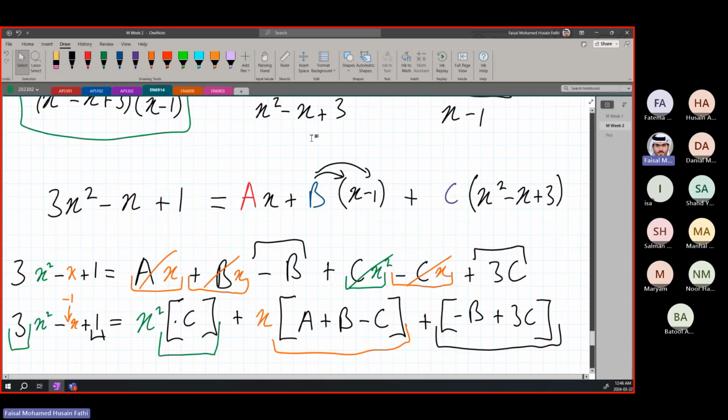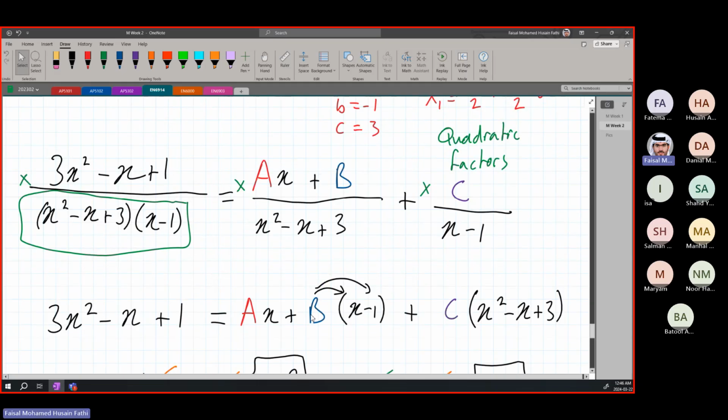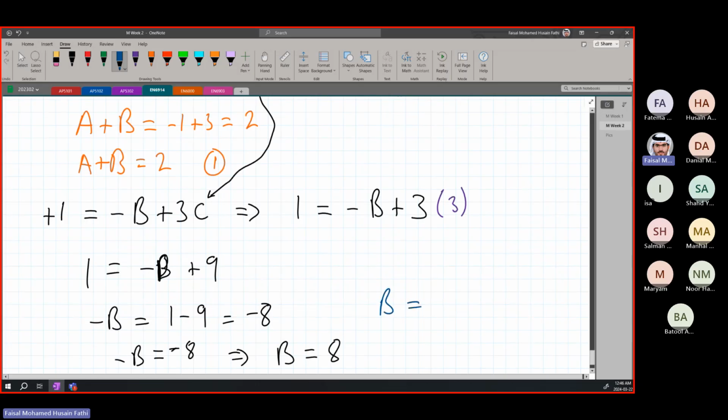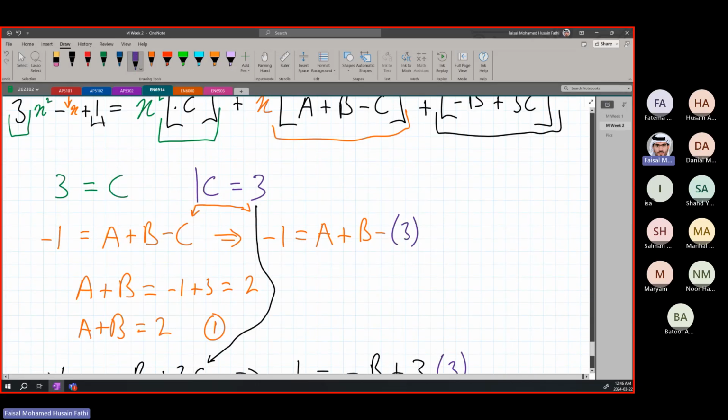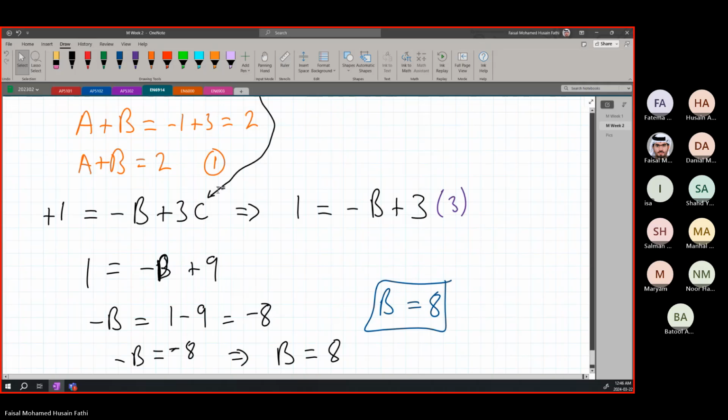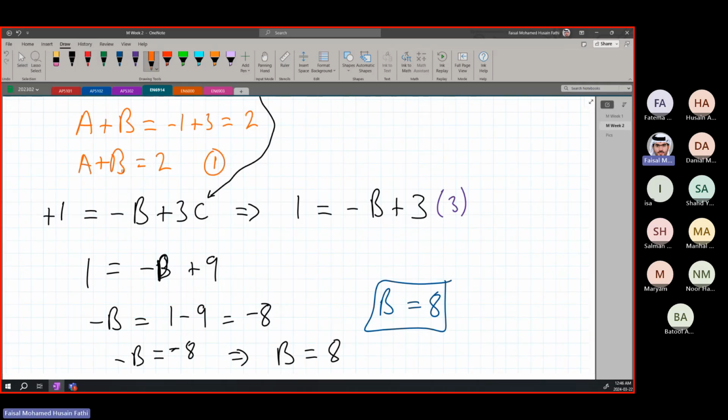Okay, so now we found B, the blue value. B is equal to 8. Earlier we found C is equal to 3 and we found B is equal to 8. Now we look at equation 1 again: A plus B equal to 2. But now we have the B value, so we can substitute.